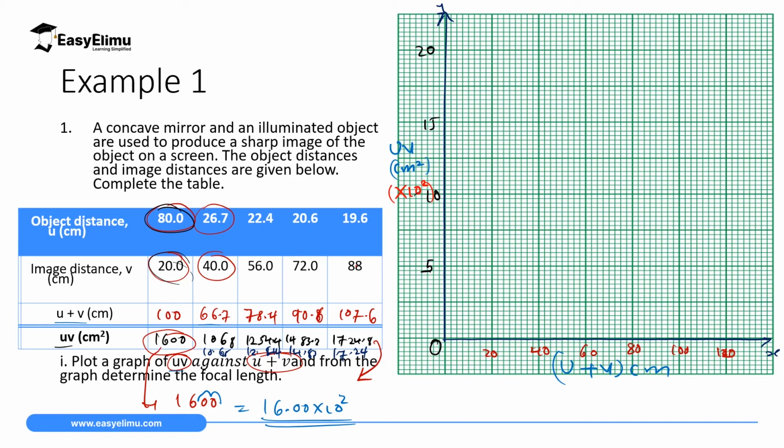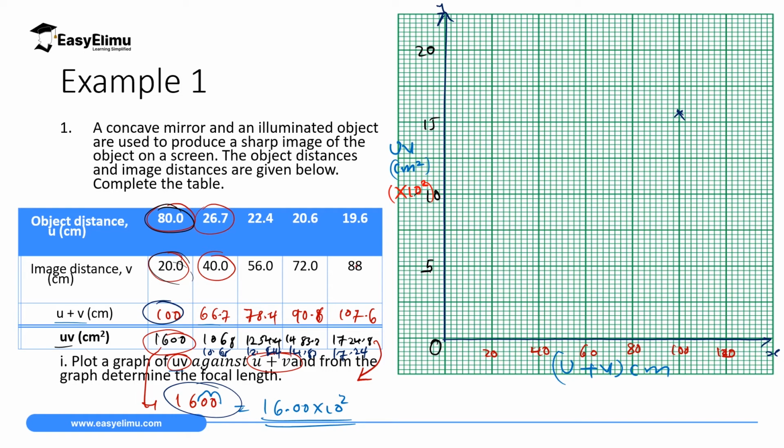So now let's plot these values on this graph. Where we have 100 on the UV, we are going to start with the X. Where we have 100, we have 16. So 100, we move up to 16. This is 15, then 16 is here. That is our first plot.